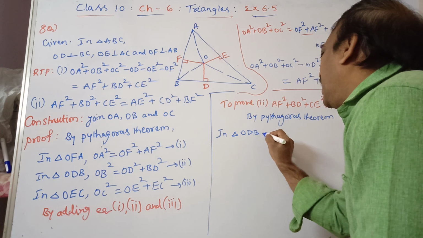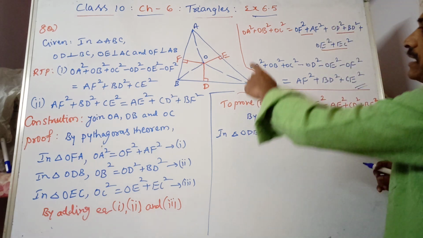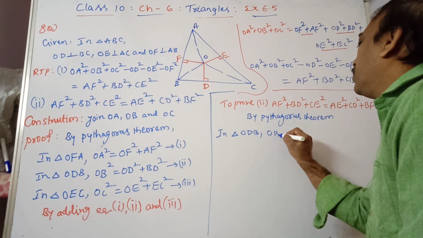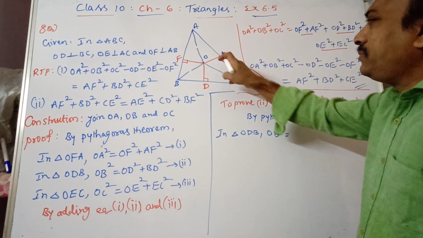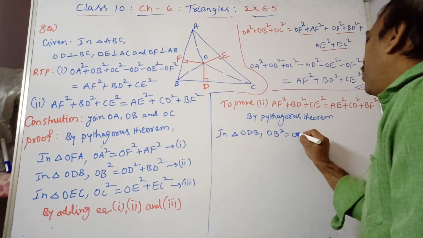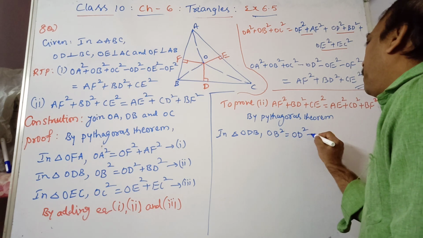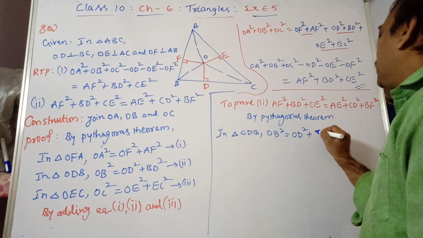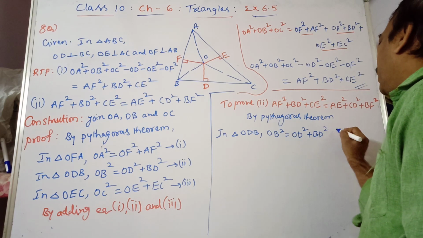In triangle ODB, apply Pythagoras property again. What do you get? OB square is equal to OD square plus BD square.